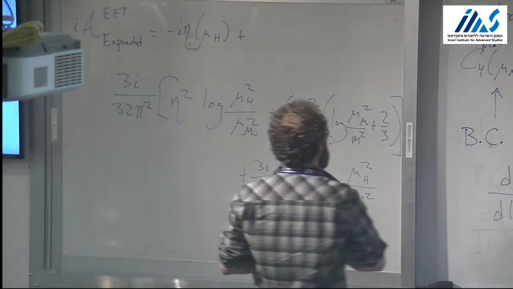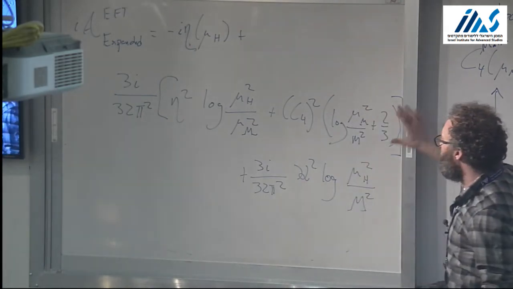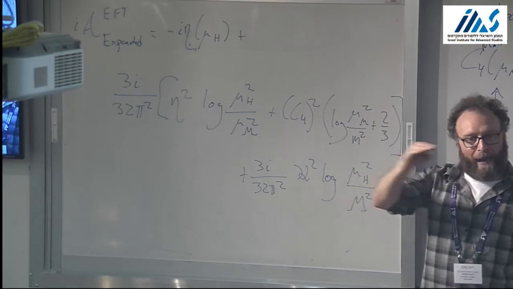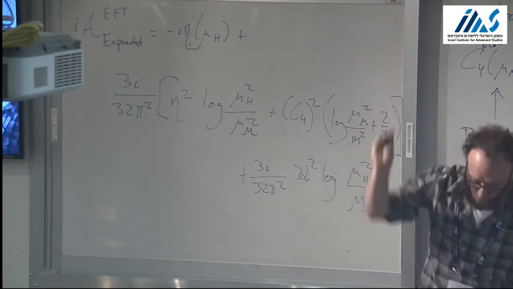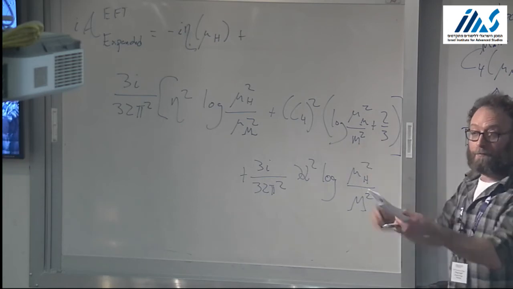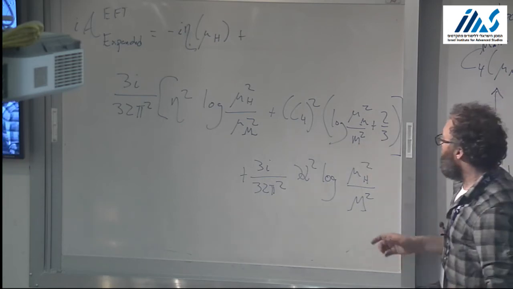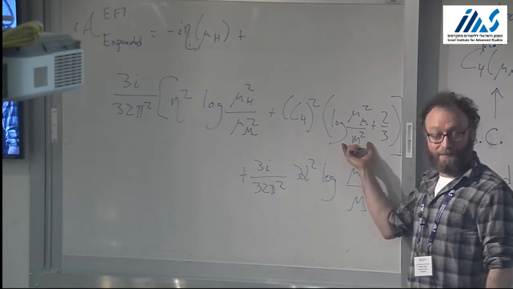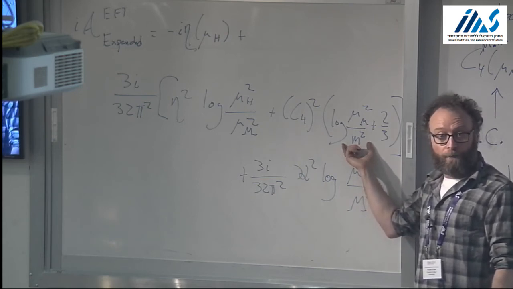Then, at the matching scale, in principle, if I hit the matching scale, I set eta equals C4, and I just go down to the low scale, I generate a new large log. This is the one you're asking about, okay? However, this is a log that I can sum using RGEs in the EFT now.